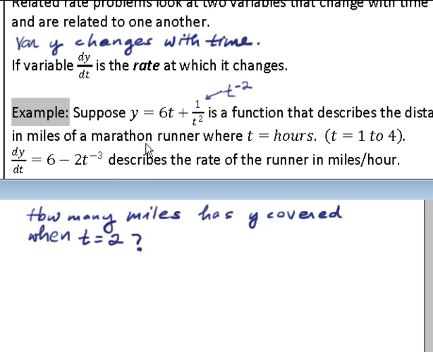How many miles? Well, that would be y. Y is measuring the distance, the miles. Okay, so that would be 6 times 2 plus 1 over 4, 12 and a quarter miles.